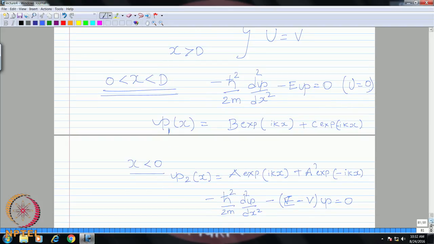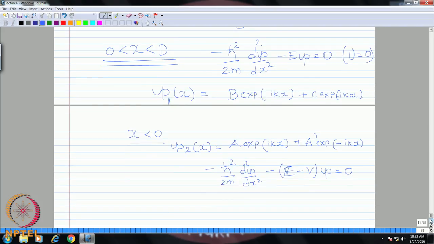So, this is the correct representation here. So, therefore, the difference here, let us say this is k1, this is k2.